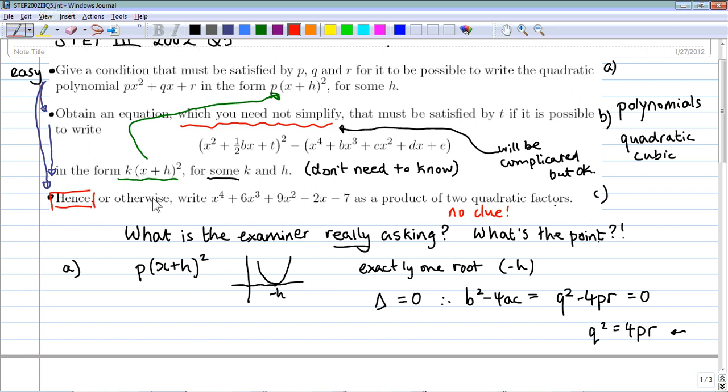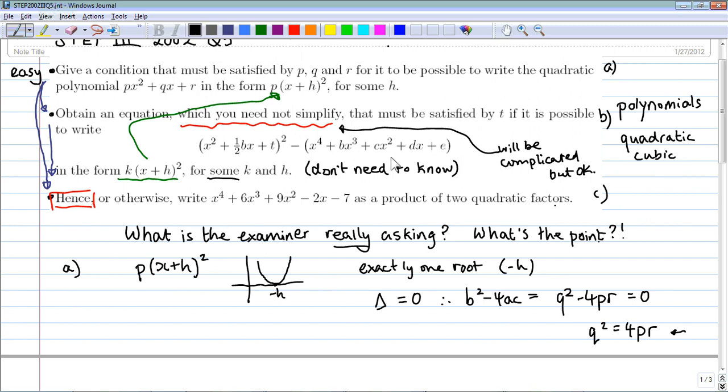If you find a way to do it any other way, well, great, good for you, but that's not going to get you credit, because they're telling you what to do and you have to do it. Now, the reason I wanted to write no clue is because it's usually not at all obvious, or let's say not very obvious, how you can use the previous part to solve the last part.